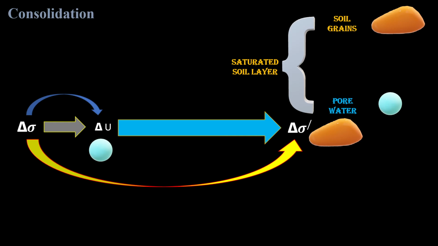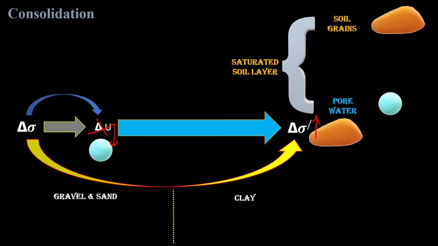And over time, delta U disappears and delta sigma prime comes to life. So one can say delta sigma, the total stress, initially goes to the water, and in the long term it just moves from the water to the soil grains. That's effective stress in soil.